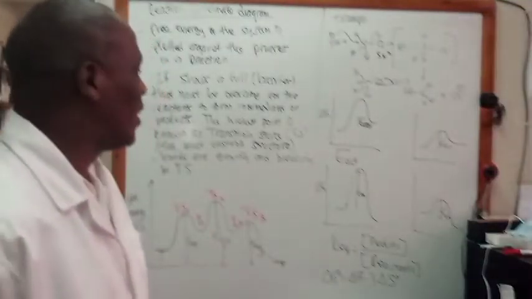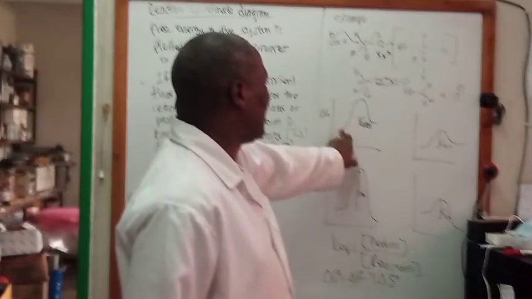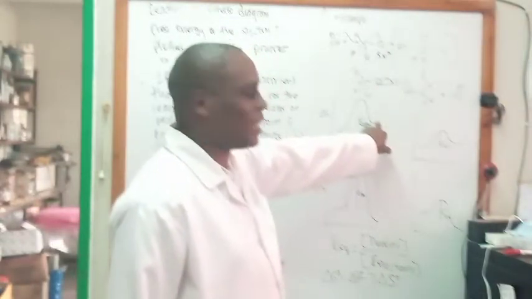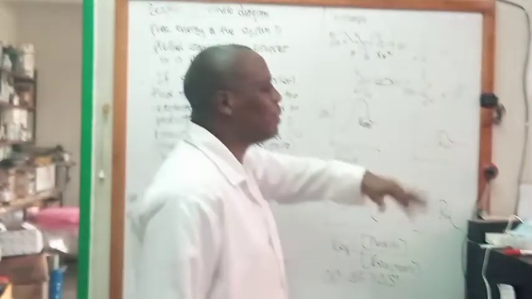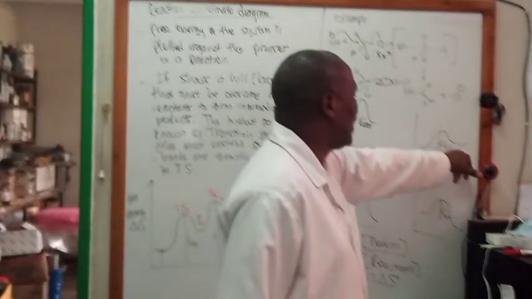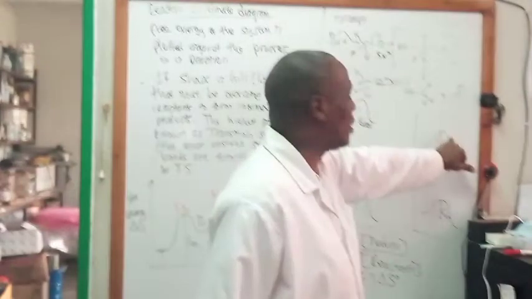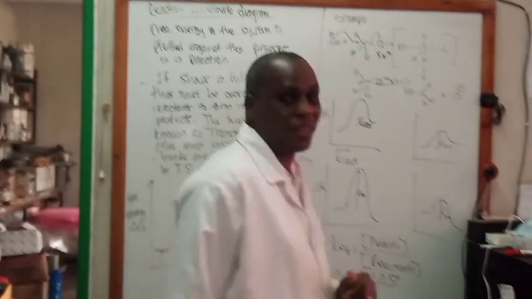For example, this is said to be an endergonic reaction, and the activation barrier is large. So this will be said to be a slow endergonic reaction. This is a fast endergonic reaction. Fast means the activation energy is small, but still the products are at a higher energy than the starting material.